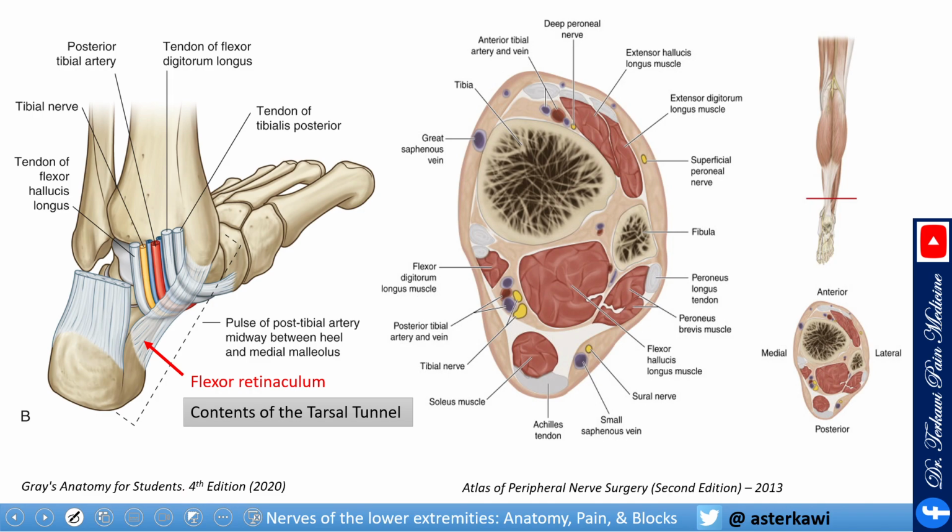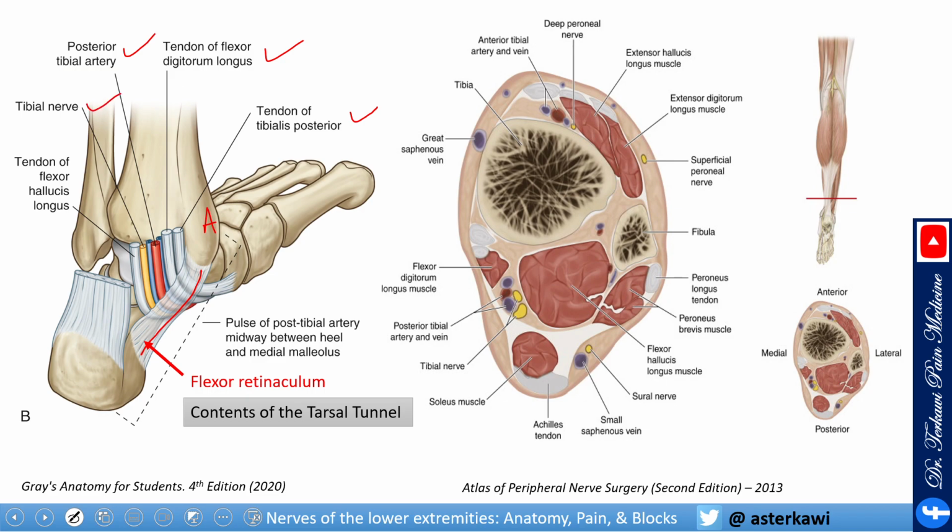So if we look at the tarsal tunnel here, which is underneath the flexor retinaculum, you see in the tarsal tunnel, starting from anterior to posterior: the tibialis posterior tendon. Behind that, the flexor digitorum longus tendon. Then behind that, the posterior tibial artery and vein.